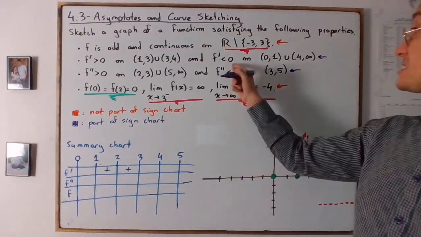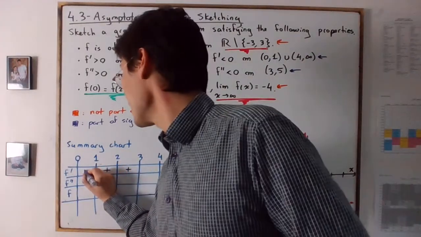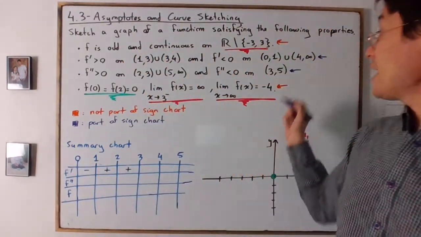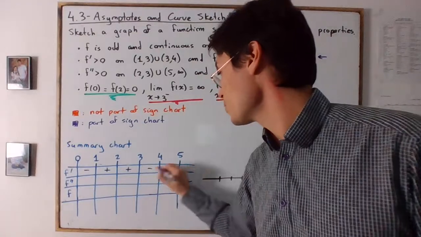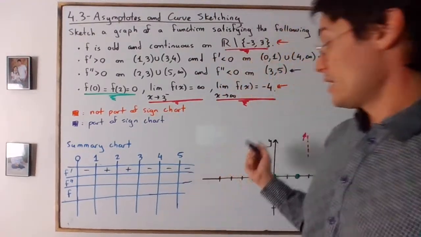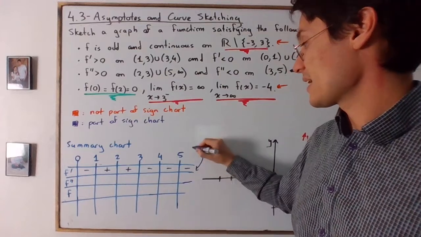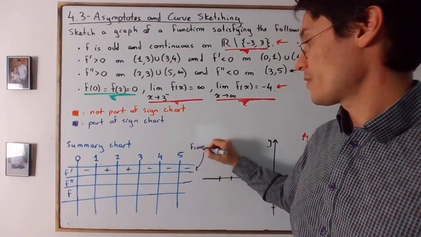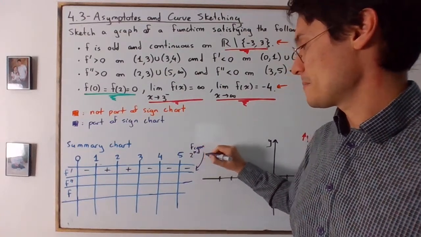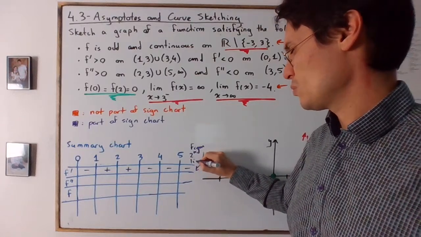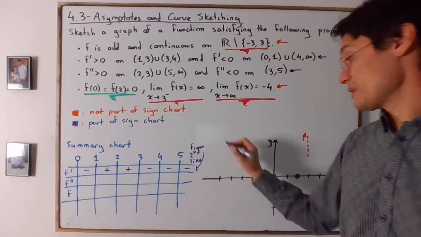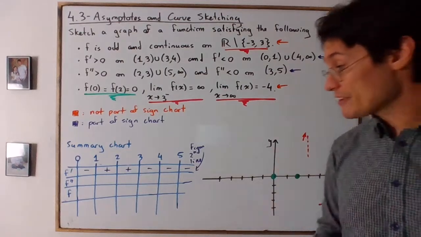And then it's going to be smaller than 0 from 0 to 1, and then from 4 to infinity. So we just fill in the second line, right? So this is from the second line. Okay, I'm missing a little bit of space. I want to be able to sketch the graph here.